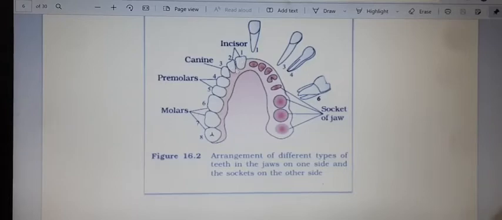So there will be two incisors in each half of the jaw, one canine, two premolars, and three molars. Like this: 2, 3, 4, 5, 6, 7, 8. Total 8 in half jaw, means total 16 in one jaw. And these teeth are embedded into the sockets, which are cavities in the jawbone. So this type of arrangement of teeth is called thecodont.